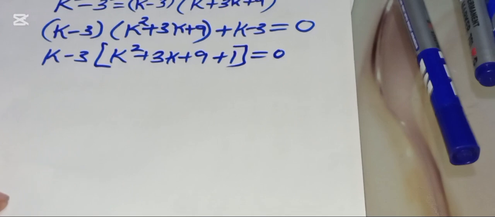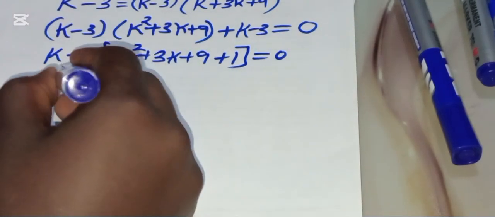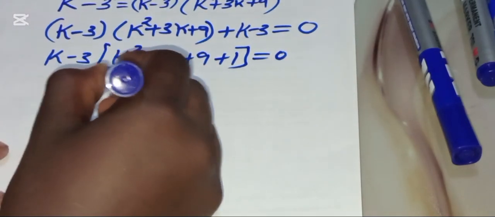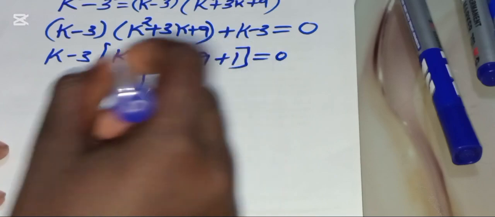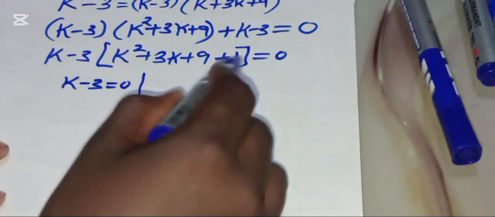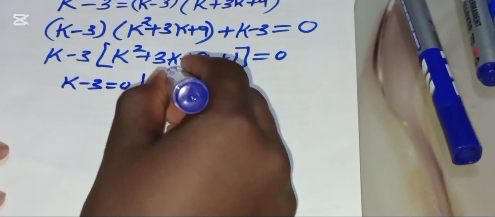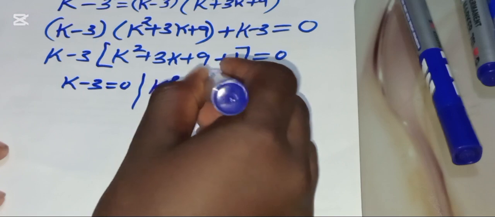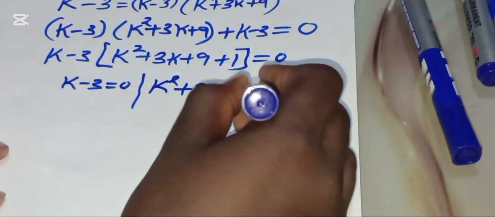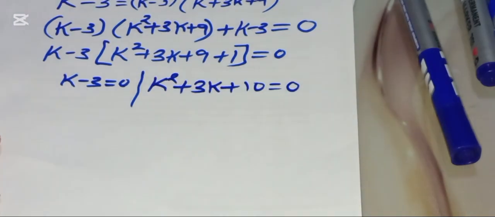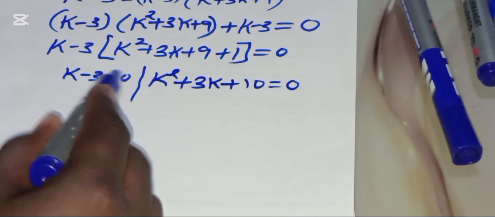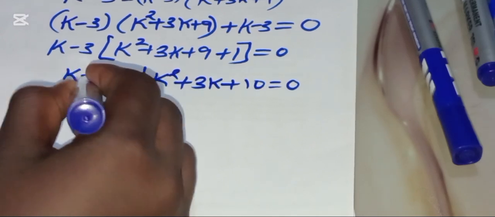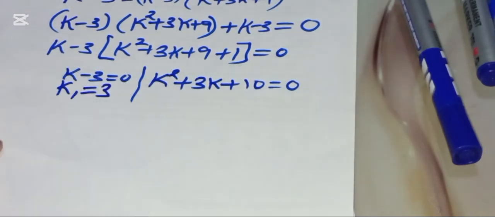Here we'll have two parts. We have k subtract 3 equal to 0, and the second part, in the parentheses, is k squared plus 3k plus 10, equal to 0. From our first part, we find that k, which we can call k1, is equal to 3.